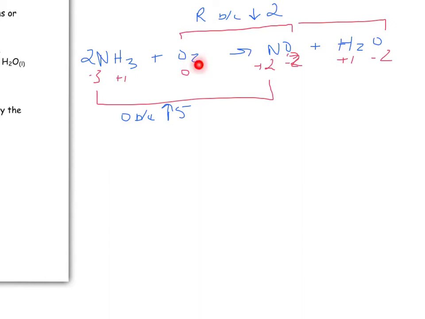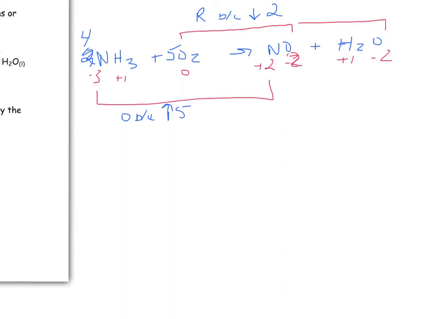This 2 here makes it a little bit tricky. So if we put a 5 here, that gives me 10 oxygens, and I double the amount of nitrogens, then I'll have an increase and a decrease of 20. This will get me the balanced chemical equation without any fractions.